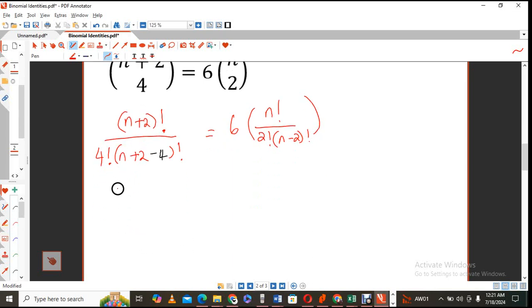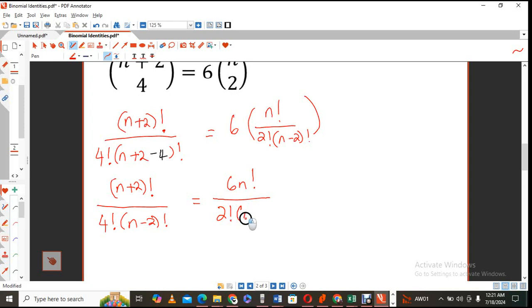So the left-hand side is n plus 2 factorial over 4 factorial times n minus 2 factorial. This is equal to 6 times n factorial over 2 factorial times n minus 2 factorial. 2 factorial is nothing but 2 times 1, which equals 2, so I will just leave my answer there as 2 to make my calculation slightly easier.